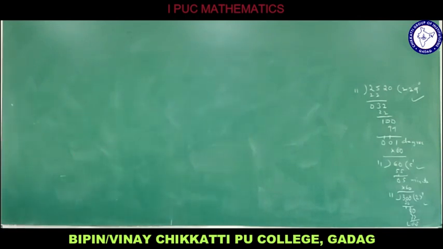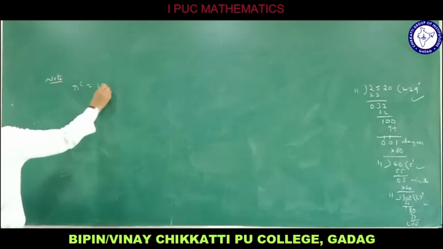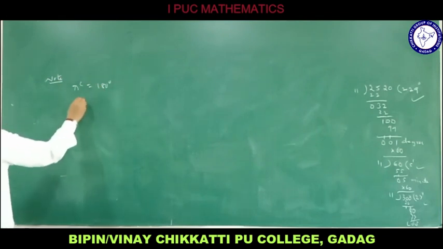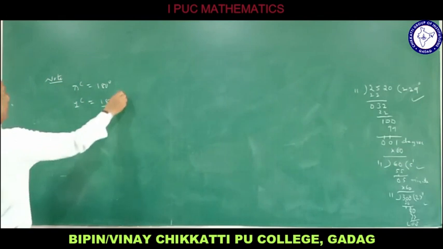See, look at this. Note, pi radian is equal to 180 degrees. 1 radian is equal to 180 divided by pi degrees.